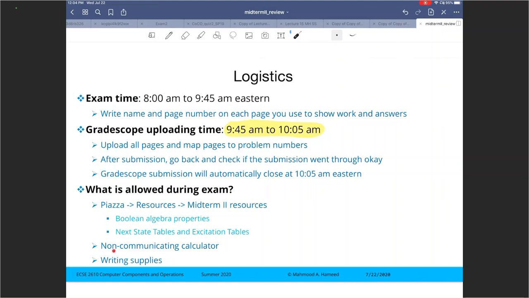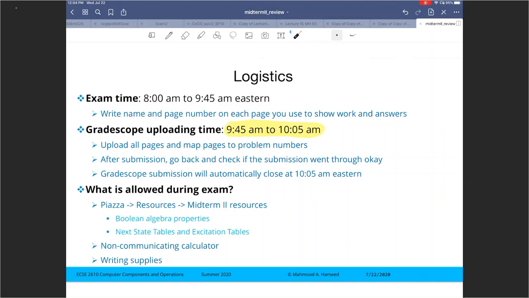You're also allowed a non-communicating calculator. However, I don't think you will need to use it. There are going to be no base conversions like you had in exam 1. So you will have access to the non-communicating calculator, but I don't see any reason why you would need to use it during the exam. And of course, you will need your writing supplies to actually write the exam.